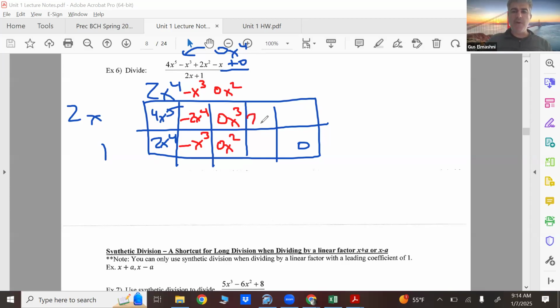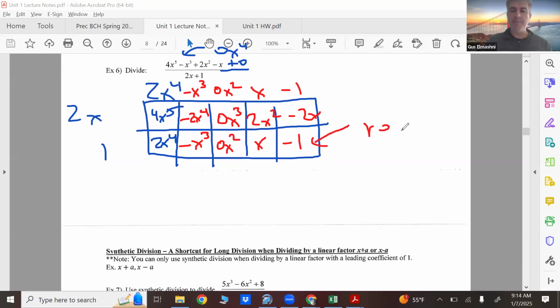So now this becomes 2x squared. So it becomes x, and that's x. And then lastly, that becomes negative 2x. So it's negative 1. But because you got negative 1 over here, that's going to be your remainder.